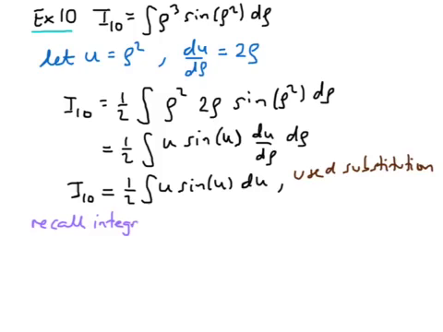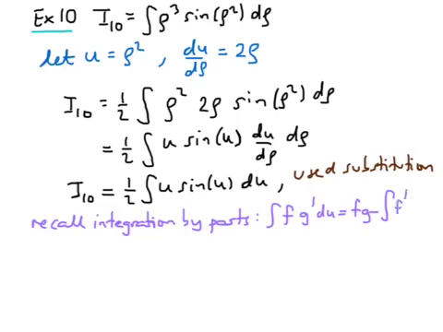I don't want to use u and v because I'm likely to get confused, so instead I'm going to say that the integral of f times the derivative of g with respect to u is equal to f times g minus the integral of the derivative of f times g, integrated with respect to u.